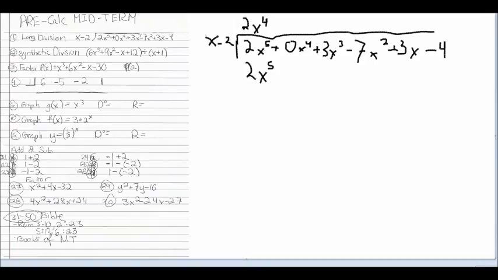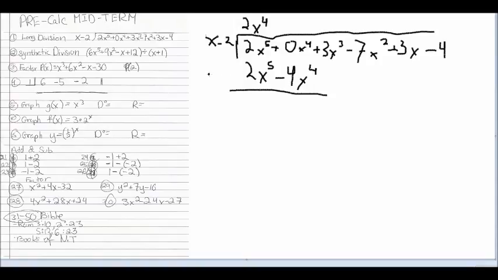And then 2 times negative 2 gives us negative 4x to the 4th.